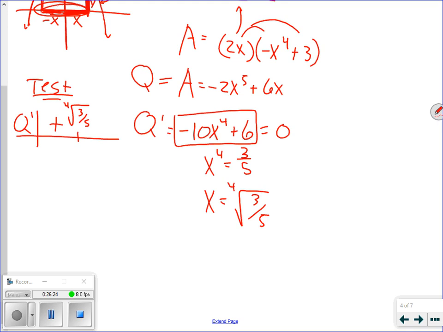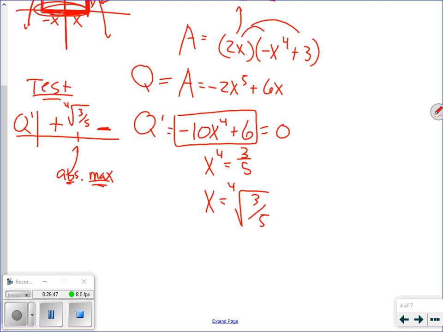If I plug in a super duper big number, it's going to be a big number times negative 10 plus a small positive. That's going to end up being negative right here. So because we only have one change from positive to negative, and this makes the derivative 0, this critical point is an absolute max. So it's at this x value that we maximize that inscribed area.